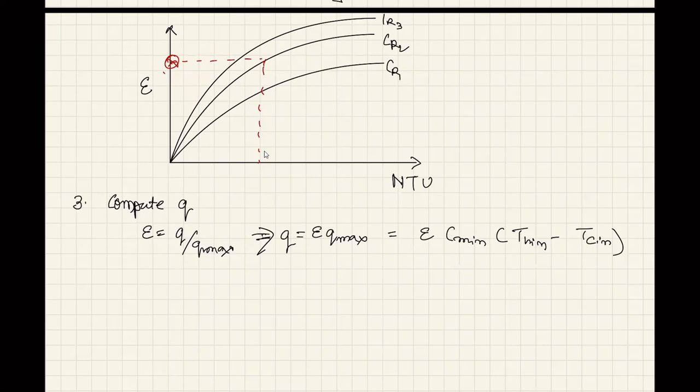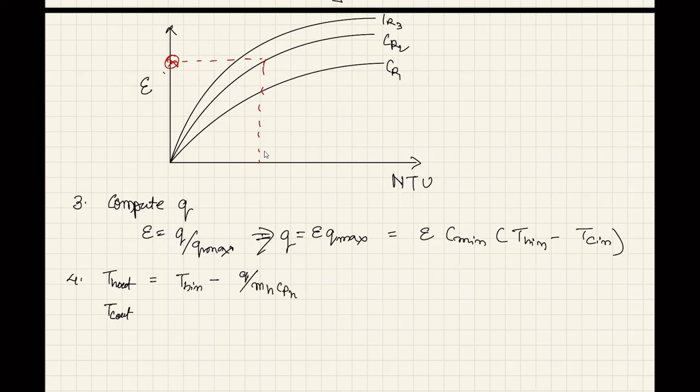Once the value of Q has been computed, you can easily find out the values of TH out and TC out, the outlet temperatures. This will be THN minus Q over MH CPH.